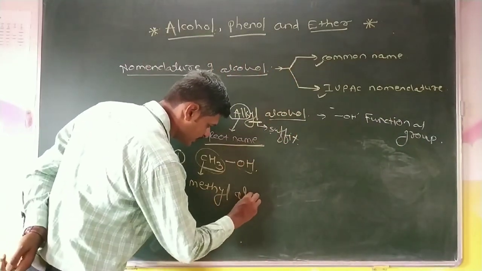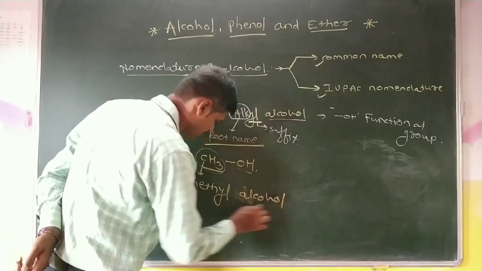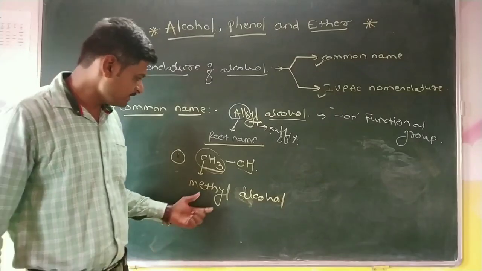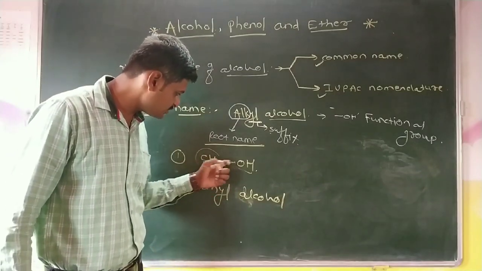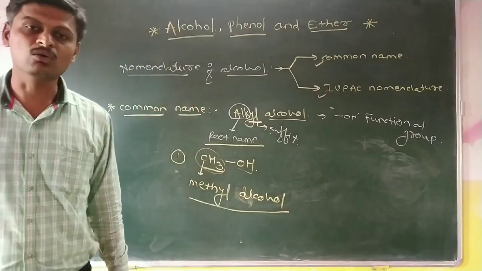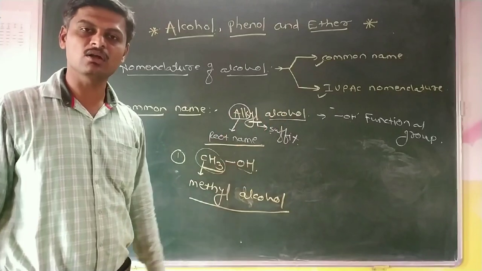After that we write the word alcohol after methyl. That means CH3OH is commonly known as methyl alcohol, instead of alkyl alcohol.